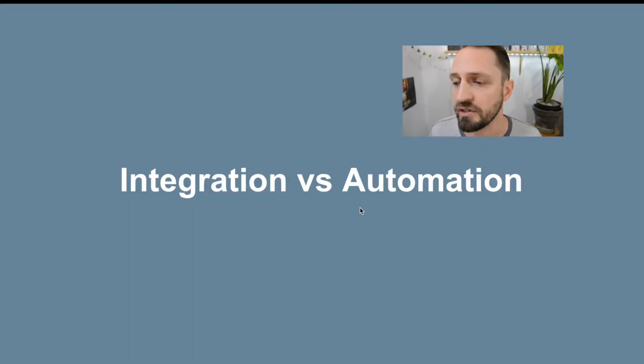An integration is simply two apps being able to talk to one another. They're connected in some way. They can integrate together. An automation really refers to a workflow or a process that you are trying to automate. So to show the difference here, MailChimp has an integrations piece.